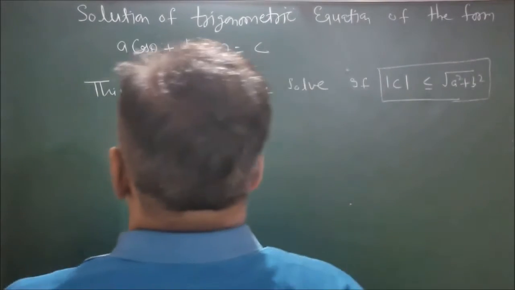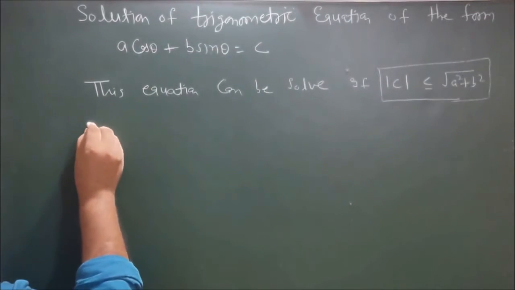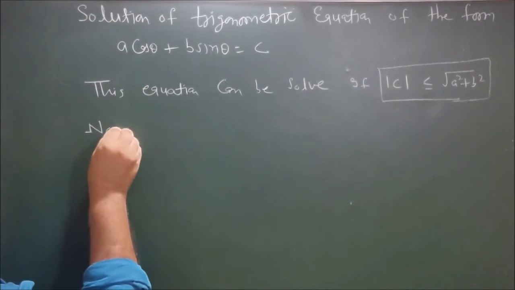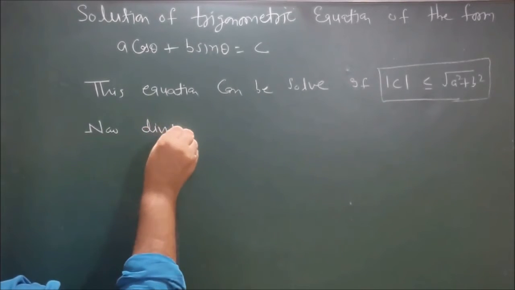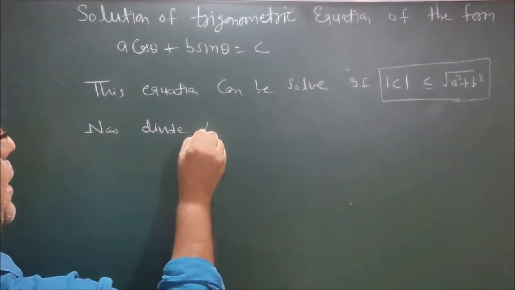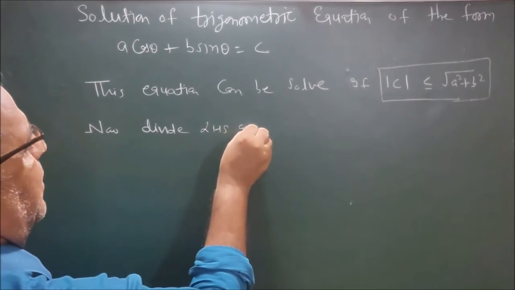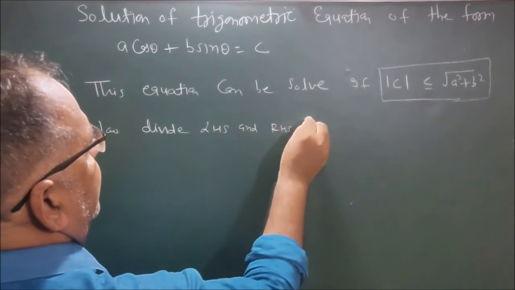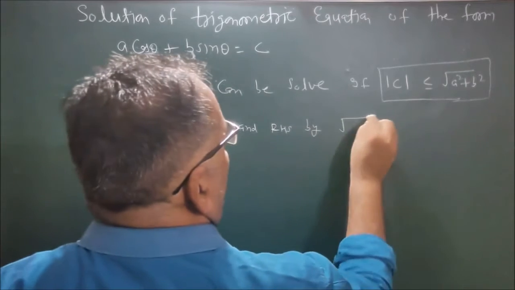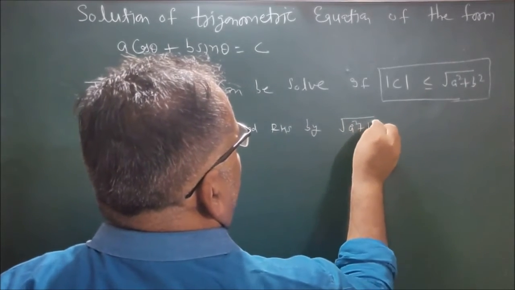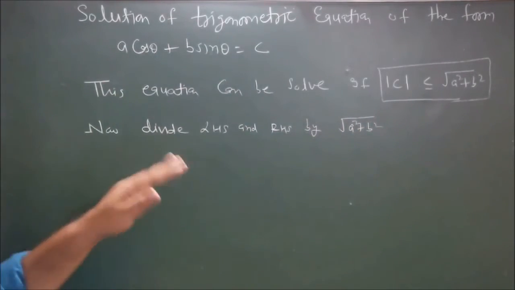Now the process of the solution. Divide left hand side and right hand side by square root of a square plus b square. That is the first step of the solution.